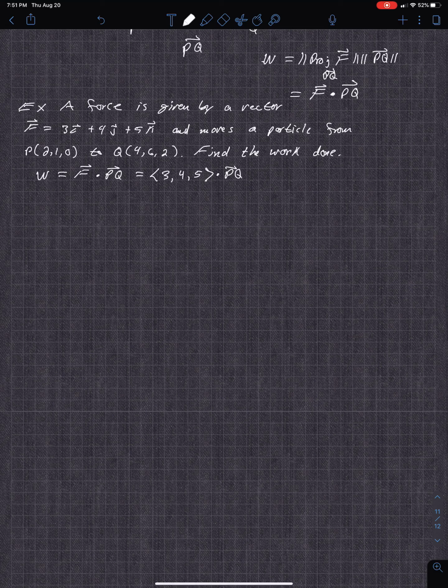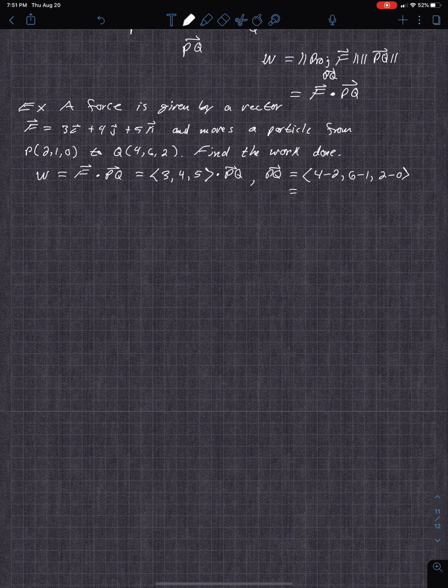So how do I find PQ? Well, I need to do that in component form, right? So I've got to create PQ, terminal minus initial. So it's going to be 4 minus 2. Is it PQ? Yeah, P to Q. So terminal is Q. And then 6 minus 1. And then 2 minus 0.